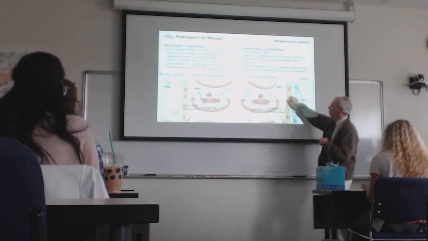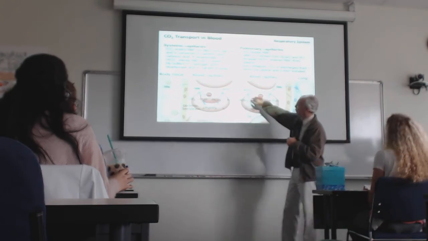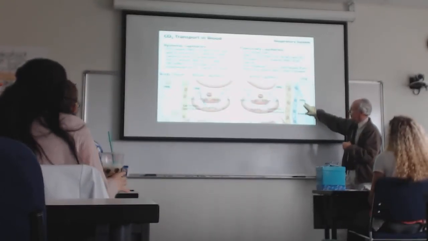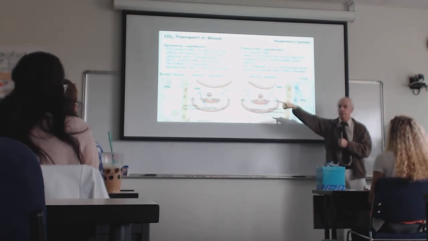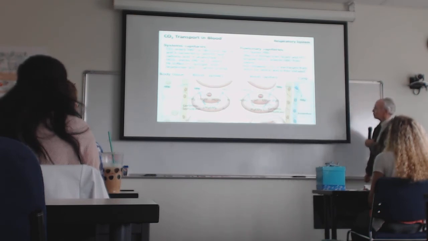Now, over here, we're in the lungs. The better way to look at this is that CO2 is being pushed out of the lungs, right? With each respiratory cycle, you're bringing oxygen in, CO2 is leaving.